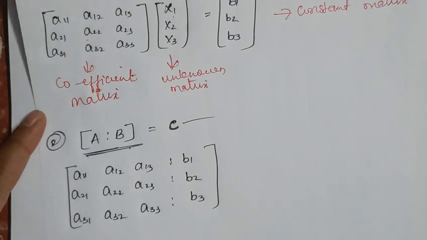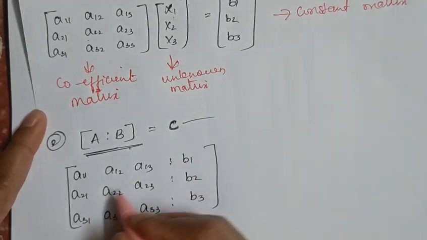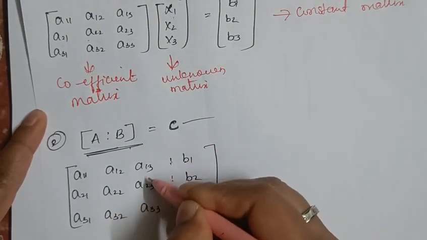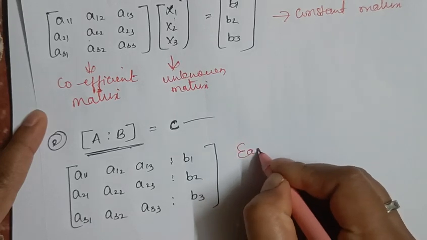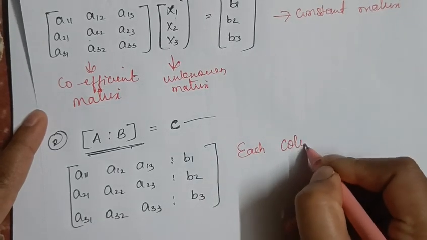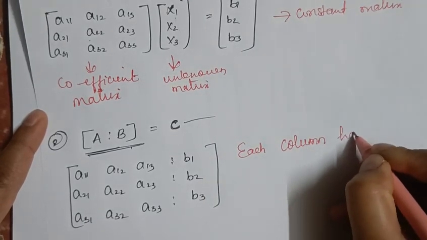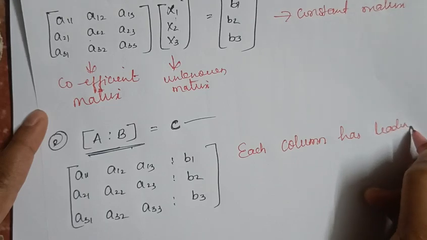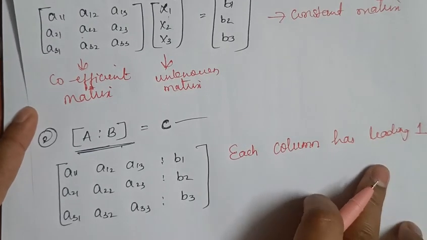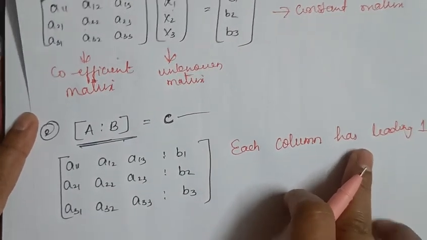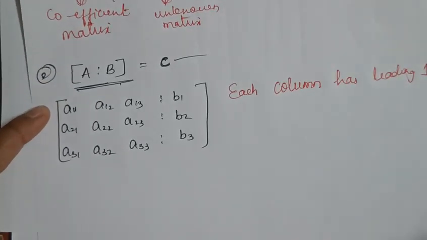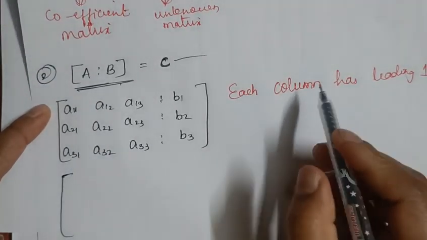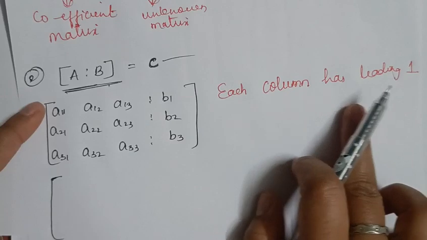When I told you about a unique solution, I also said each column has a leading one, right? Each column has a leading 1. So I will rewrite this matrix and explain what it is saying.